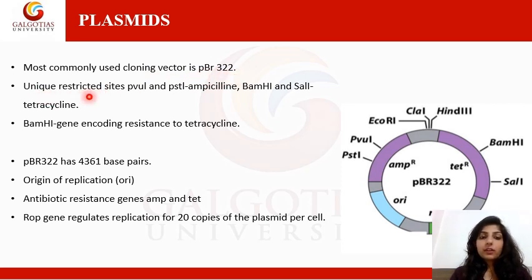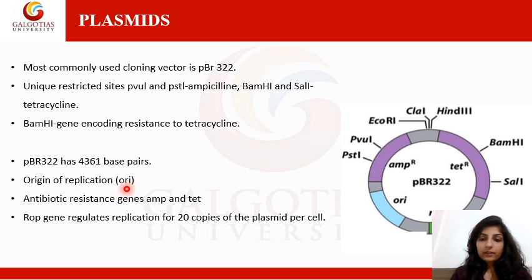It has unique restriction sites: PvuI and PstI for ampicillin, and BamHI and SalI for the gene encoding resistance to tetracycline. pBR322 has 4361 base pairs.